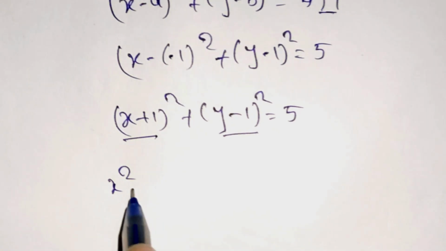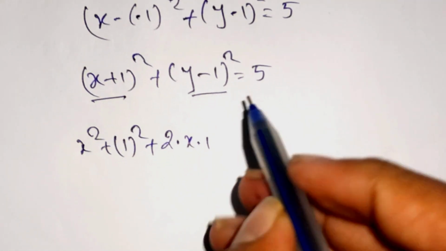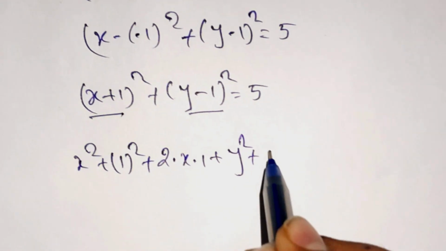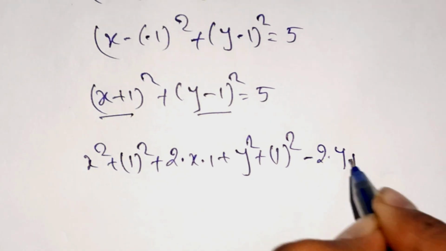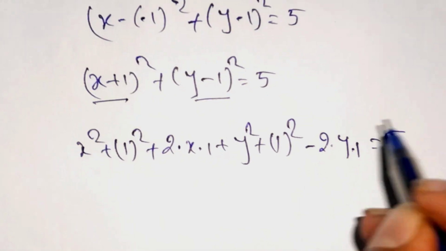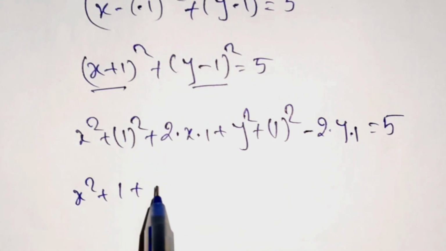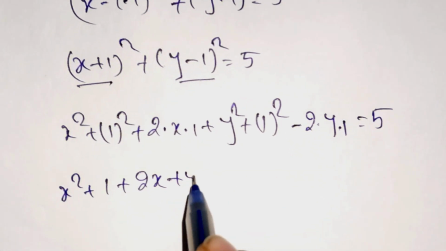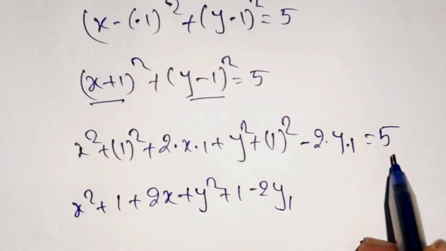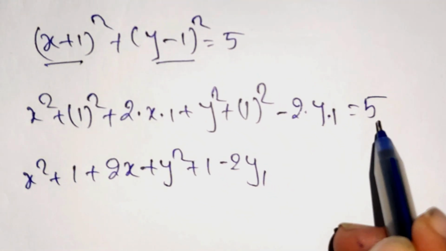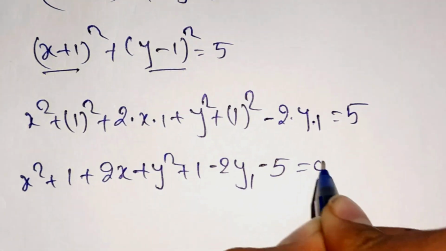Now we get x square plus 1 whole square plus 2 into x into 1, plus y square plus 1 whole square minus 2 into y into 1 equal to 5 square. Now x square plus 1 plus 2x plus y square plus 1 minus 2y equal to 25, on the right side we have the radius square. It comes to the left side of the equation after we get 25.